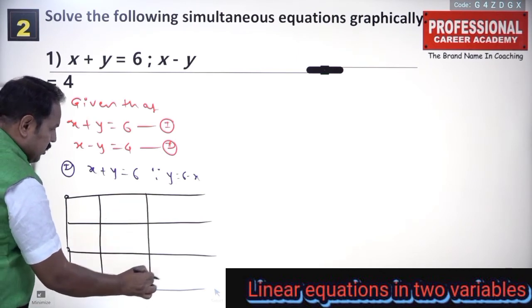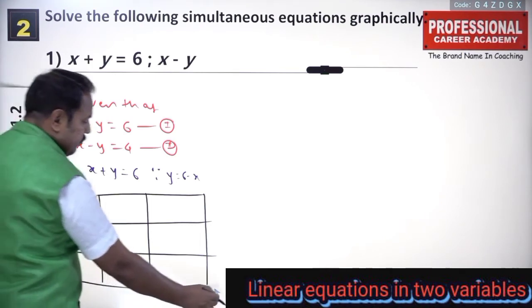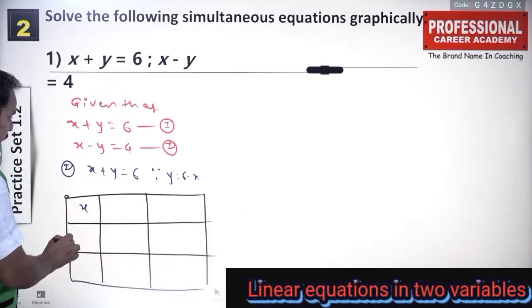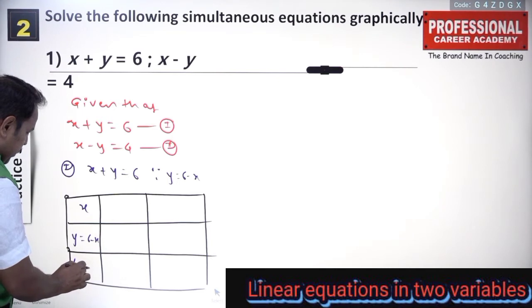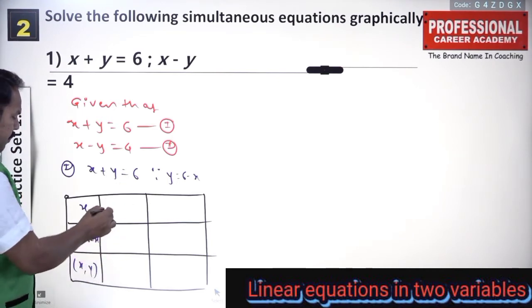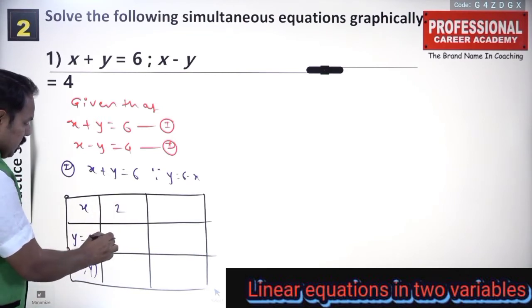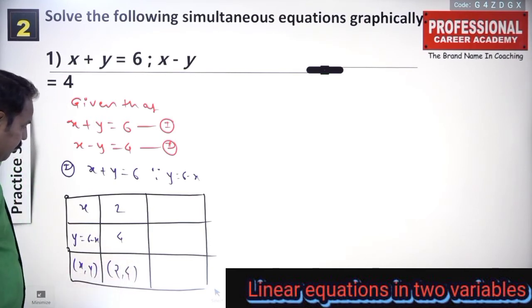You can find 2 points or maybe 3 points. Here x, then y, which is 6 minus x, and here x comma y. You can put any value. Suppose we put x equal to 2, then what is y? 6 minus 2 means it is 4. So what is the first point? 2 comma 4.